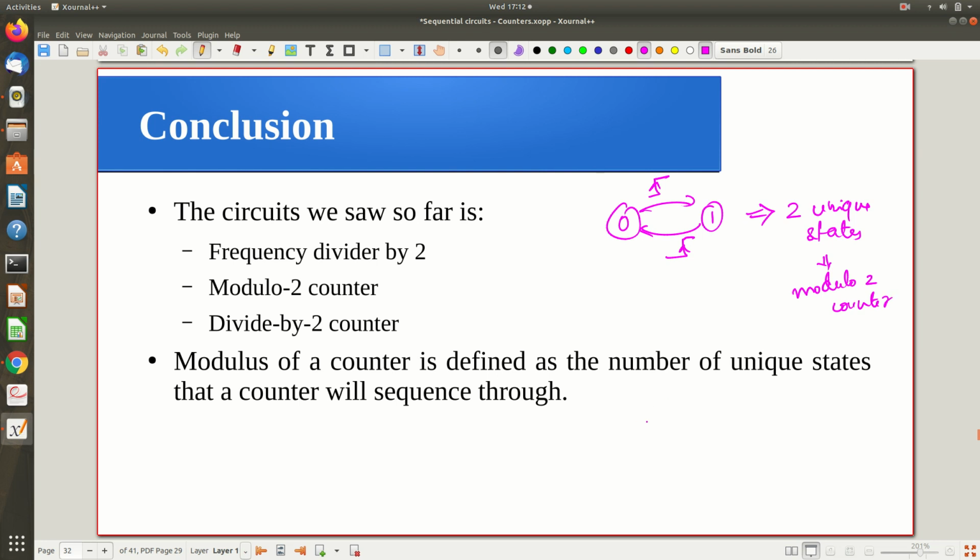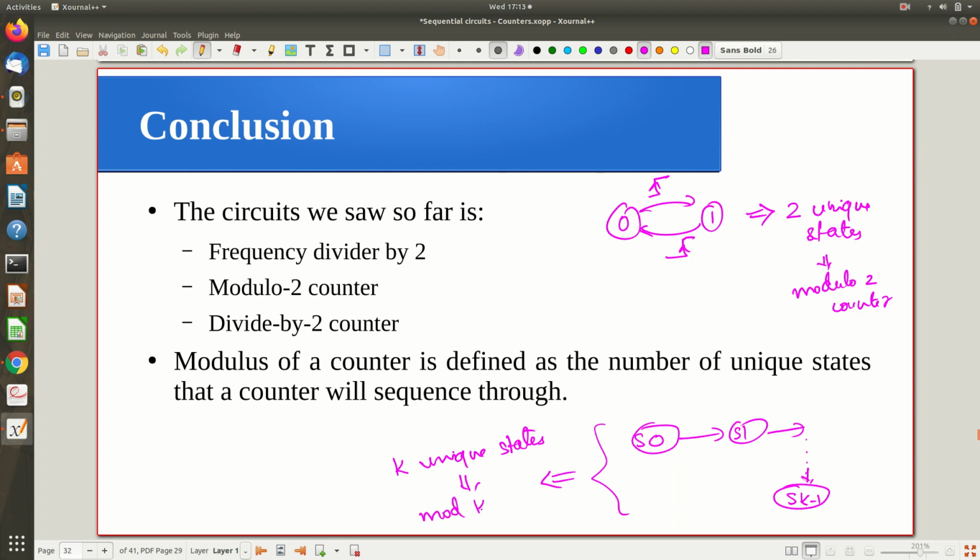In general, if I have a counter that goes through state 0, state 1, up to state k minus 1, 0 to k minus 1, totally k unique states, then I can call this a mod k or modulo k counter. So that will go through this kind of state sequence.